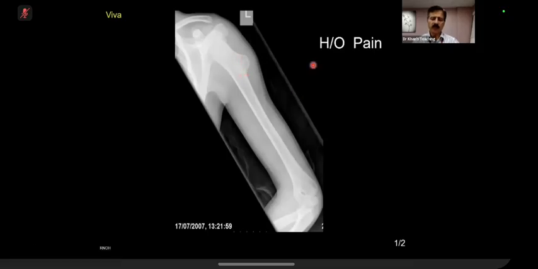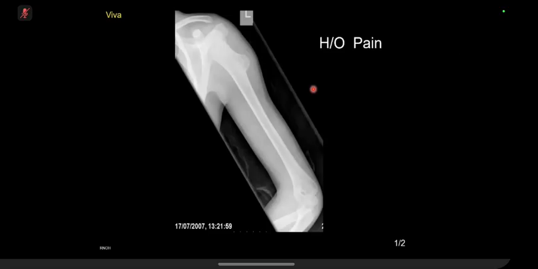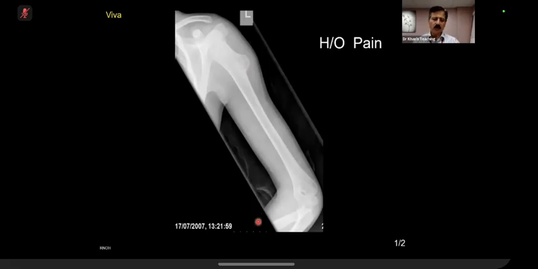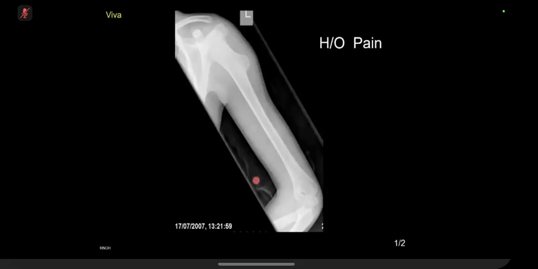We know that they presented with pain, they are worried, what will you do? So I would compare with any previous radiograph to see if there's any growth or change. There was nothing significant there. Okay, and I would look at both projections to make sure there's no pathological fracture. There was nothing. So my next step will be an MR to evaluate the cartilage cap.